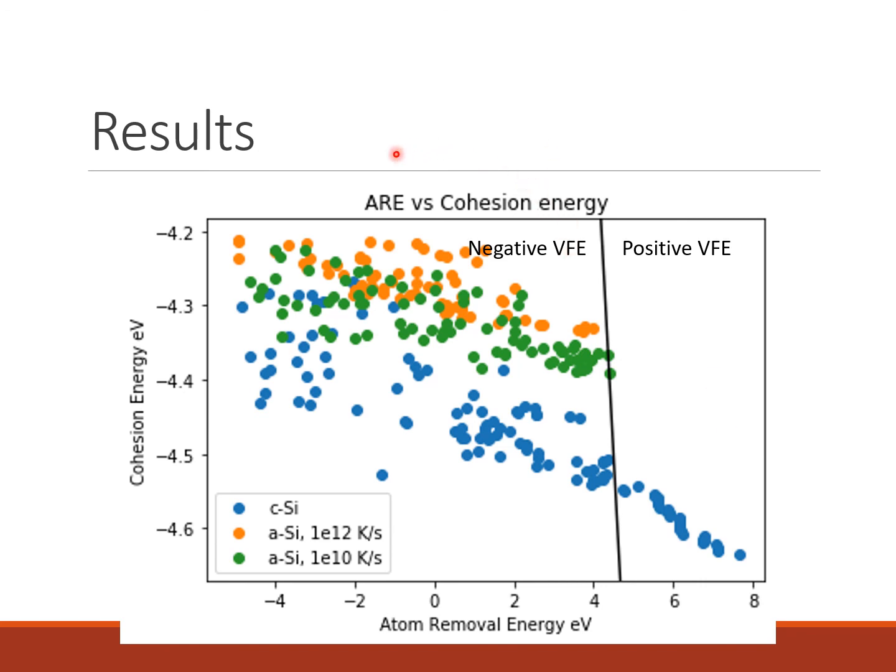Conversely, all the amorphous silicon structures are mainly on the negative side of this line. There are a few outliers close to the line, but keep in mind, this is the most liberal definition, giving it a chance to have positive vacancy formation energies, and these are just a few isolated examples. In most of the other cases, once they become amorphous silicon, we have negative vacancy formation energies.